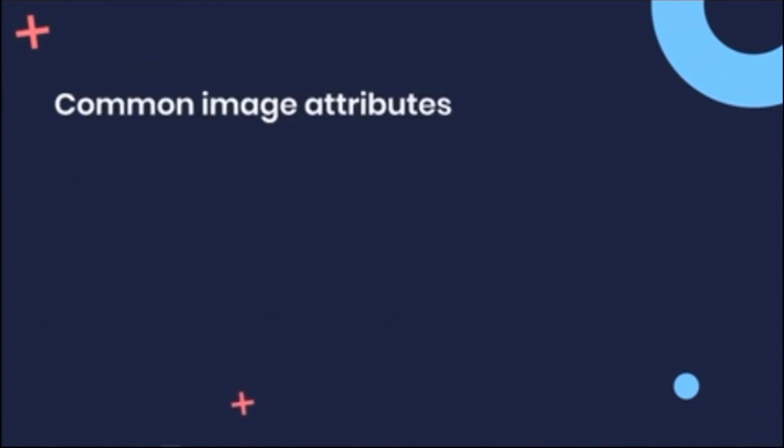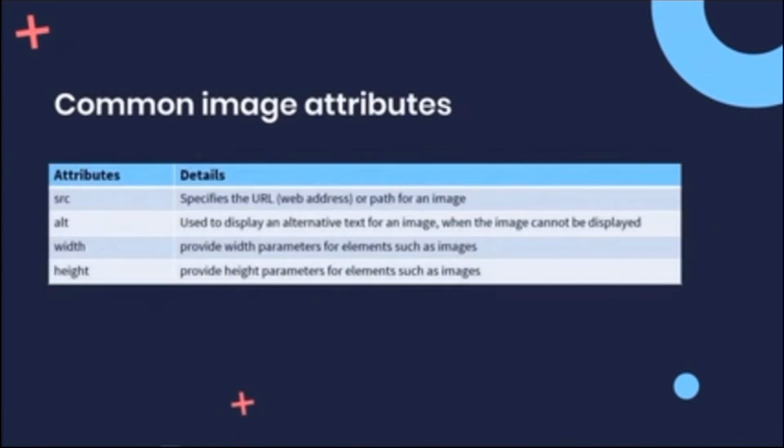Now here are some common tags that we can consider when we actually use images, okay? Well, not just tags, but actually attributes. First of all, we use the source attribute, which is the src, and this specifies a path or URL to the image that you are referencing, and that will be rendered in your website. We can also use the alt attribute, and by now we know the alt attribute is used in case the image can't be displayed.